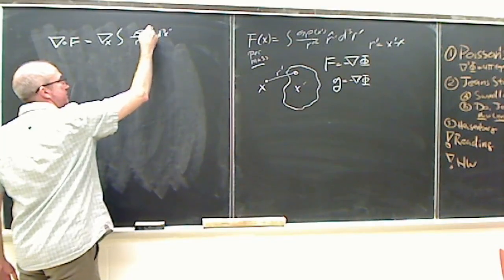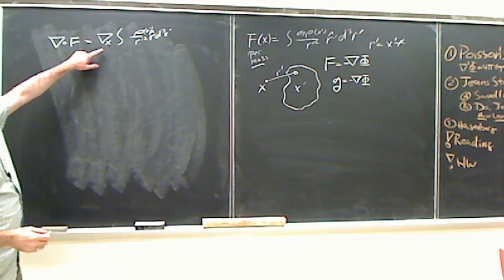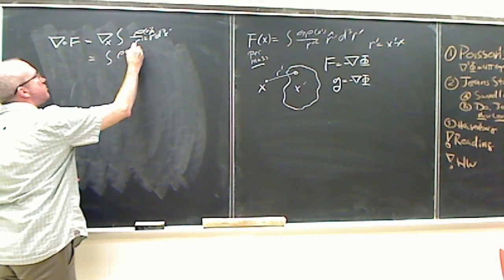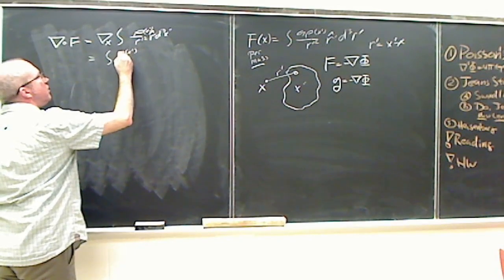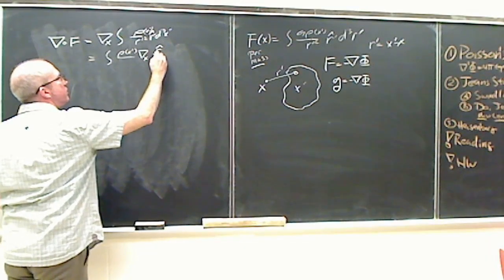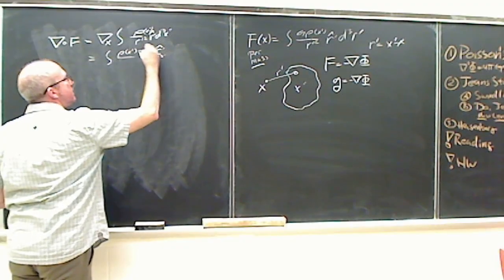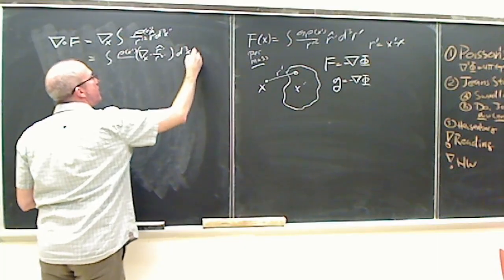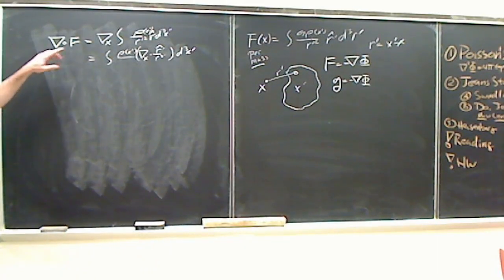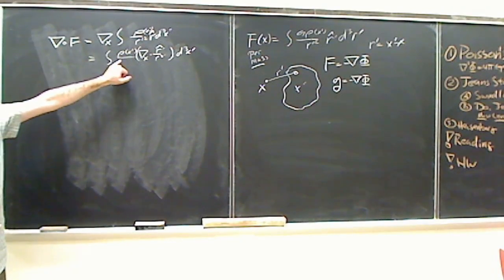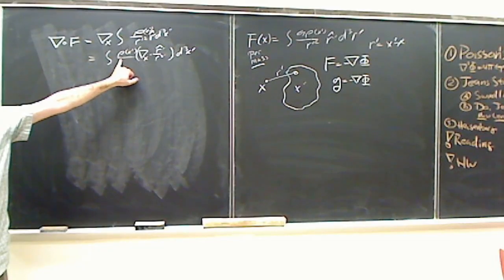Rho of x prime. So I bring this in here, and I'm left with rho of x prime times div x of r hat over r squared prime, times d cubed x prime. So I'm operating on this integral with grad x. It jumps right past this rho prime because this does not depend on x.